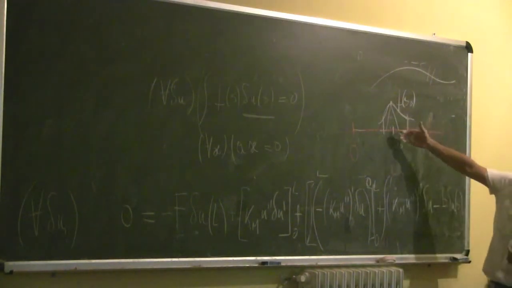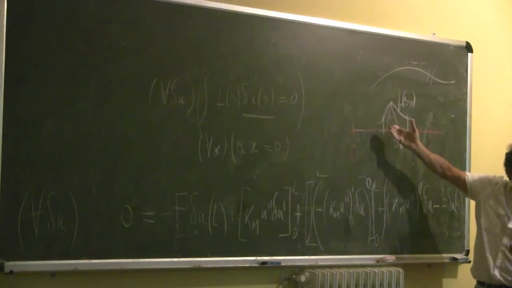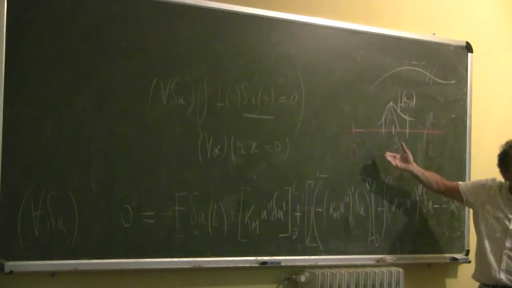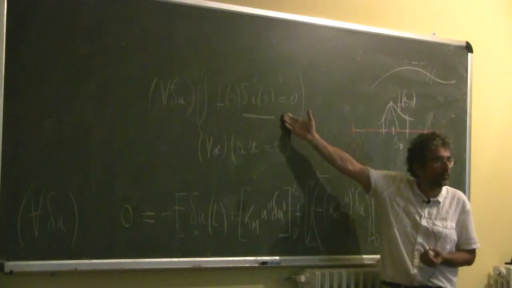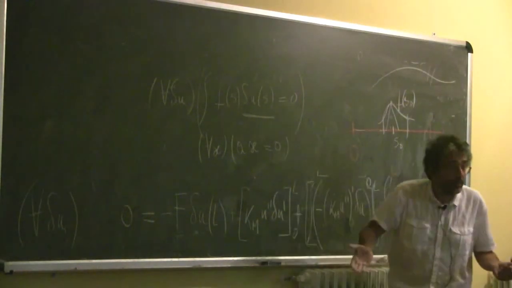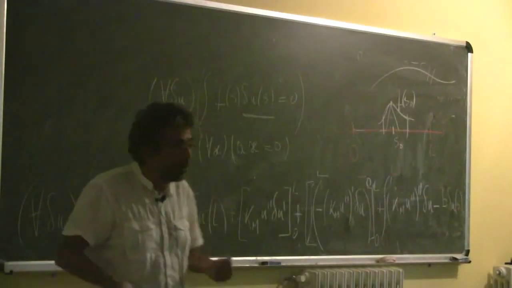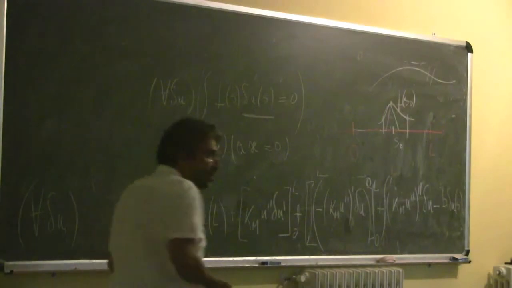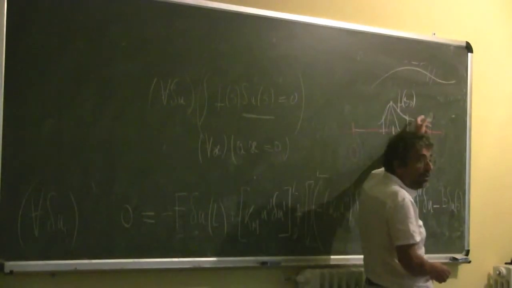Now, the integral of two positive functions is positive. It cannot be 0. So why did we obtain this absurdo result? Because we assumed that f of s0 is positive.